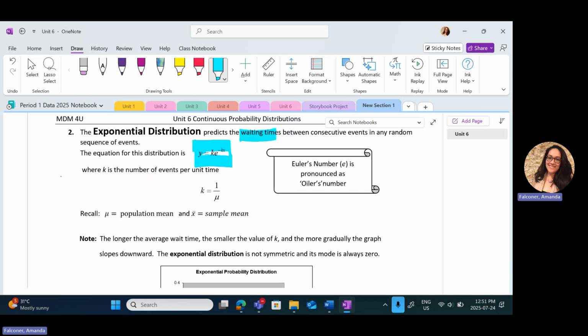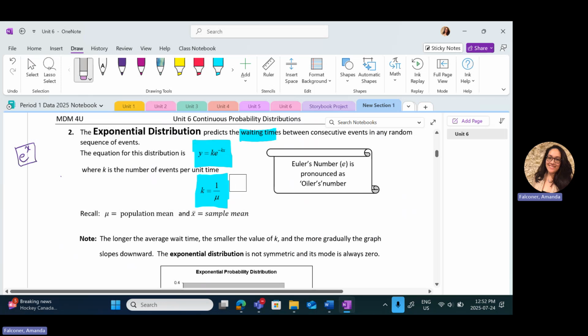You've got to use a special button on your calculator called Euler's number. It's going to look something like that on your calculator. It's going to take Euler's number and raise it to an exponent that we want. And that exponent is going to come from the product of k and x, with x still being our random variable x.